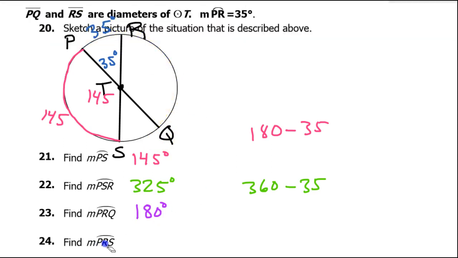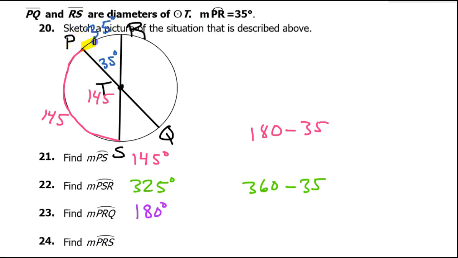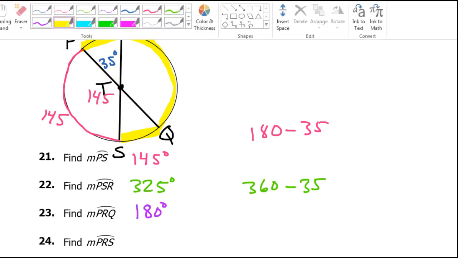All right, what about PRS? All right, PRS goes from P through R all the way around to S. Now here, there's a semicircle so far. So that's 180 degrees plus an extra 35 degrees. Well, wait a minute, where did I get this 35 from?